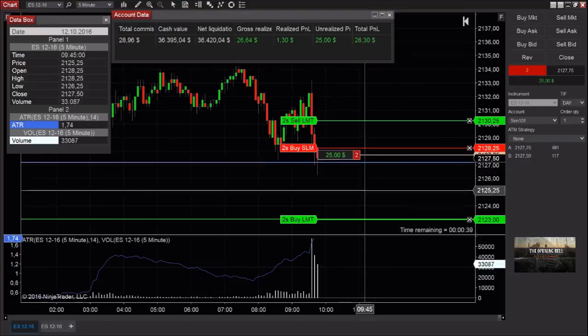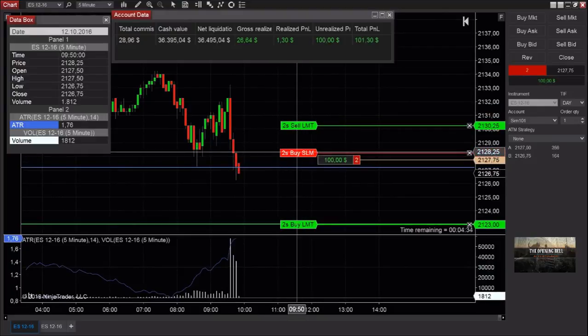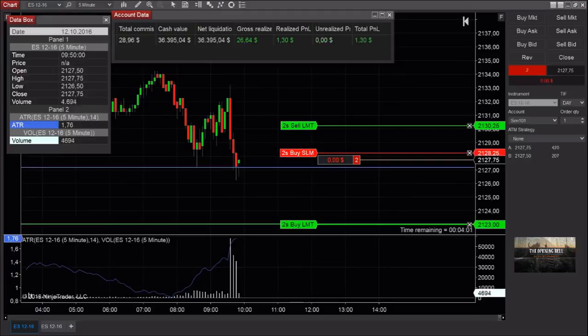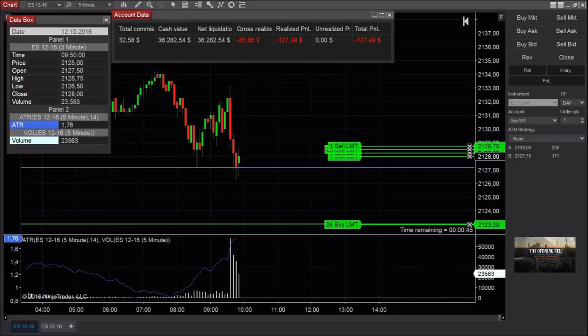Profit target is 3 times the ATR of the opening bar. So the opening bar here is at 9:30. You can see more volume coming in on the bottom chart. And 3 times the ATR was roughly 4 points. So that's why I set my profit target at 23.